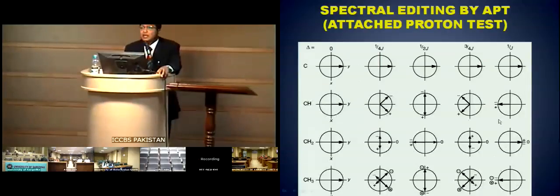That's how you partly solve the problem of multiplicity assignment. I told you that there are 4 sets of carbons, but here you can recognize 2 or a maximum of 3, by virtue of the fact that quaternary carbon is always a very small peak, right? So it was the attached proton test.